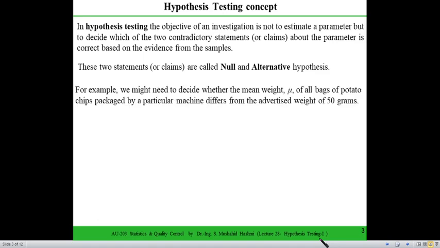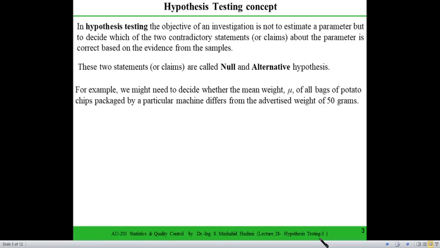For example, let's say we are interested in whether the mean weight of all the bags of potato chips packed by a particular machine differs from the advertised weight of 50 grams. So here the parameter is the mean weight, and on the wrapper of the potato chips, the weight written is 50 grams.